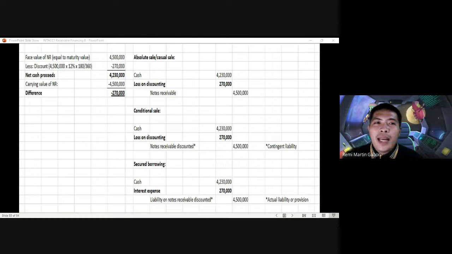So wag kayong mag-alala, madali lang ang exam. Maniwala kayo sa hindi, yung tanong ko lang sa receivable financing is suspense na, doon na sa exam. Baka ma-excite kayo eh.